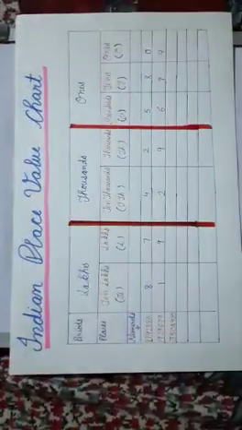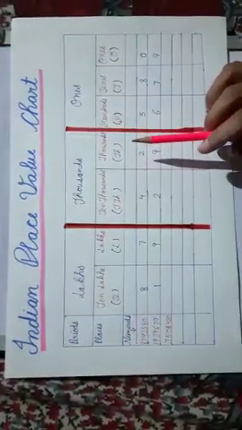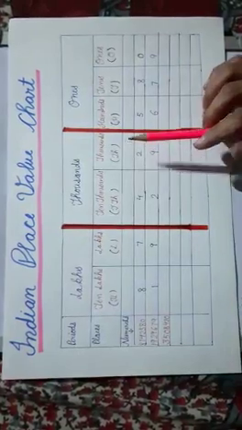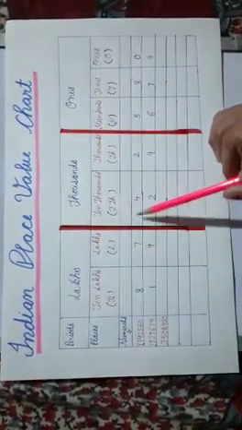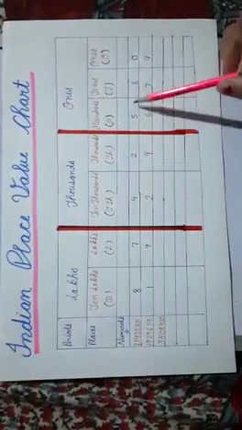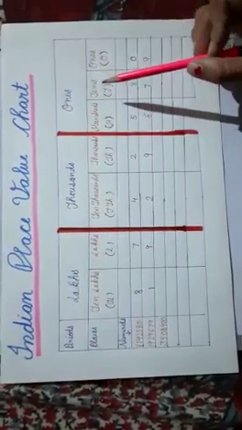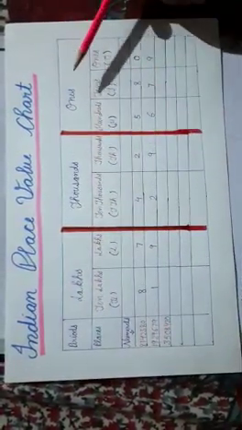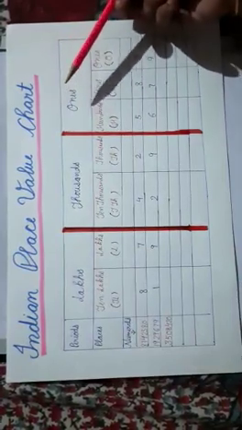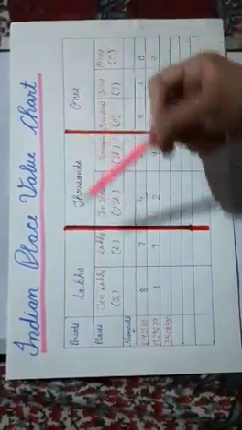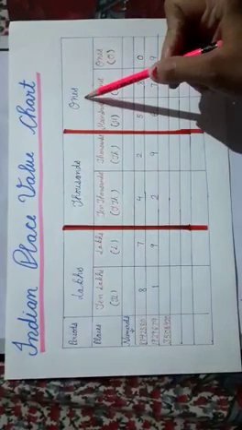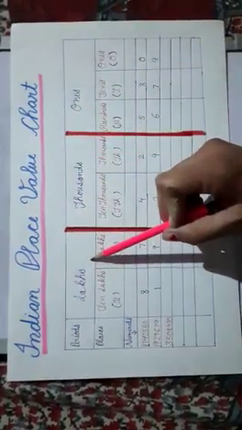See, a place value chart gives us the value of each digit in a number based on its position. The place value chart is separated into groups and these groups are called periods. Here 3 periods are there: ones period, thousands period, then lakhs period.